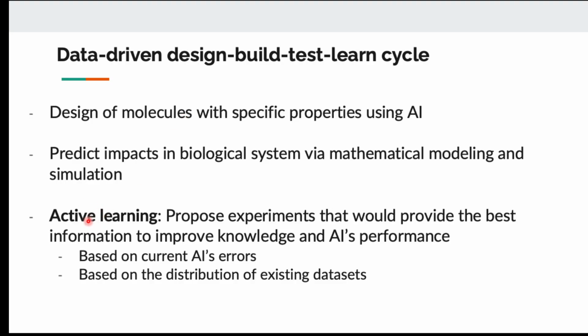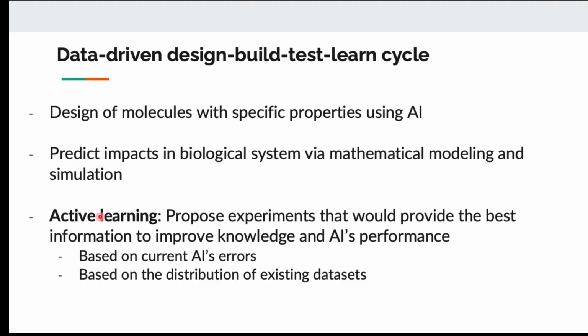And there is a concept called active learning. You might have heard about this in the context of education, where active learning usually means that both the teacher and the student have to take part in the learning process. Active learning as a computational technique is when, if you have an AI, it might perform well on some genes, but it might perform poorly on unseen genes or unseen organisms.